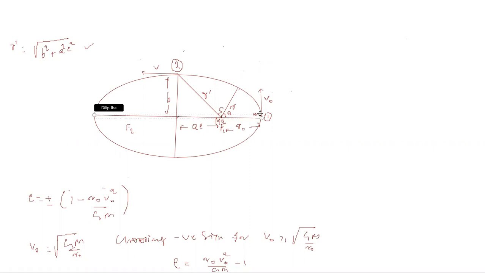This was a major axis. It got erased accidentally earlier. So if we assume this point to be the origin and the sun being at the foci, which is assumed to be the origin, then the equation of the ellipse in polar coordinate is the following one.